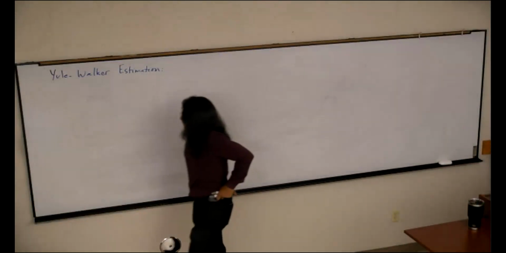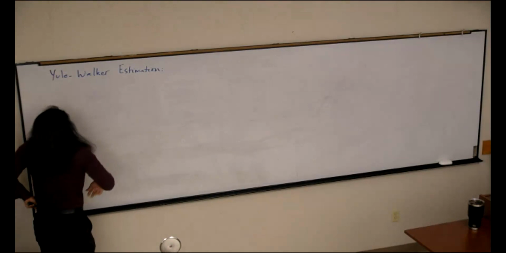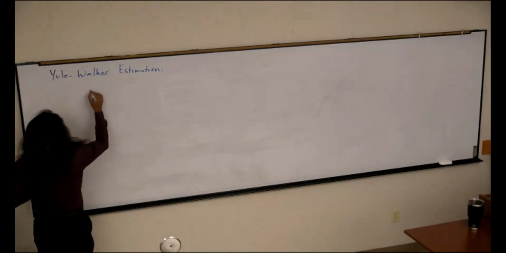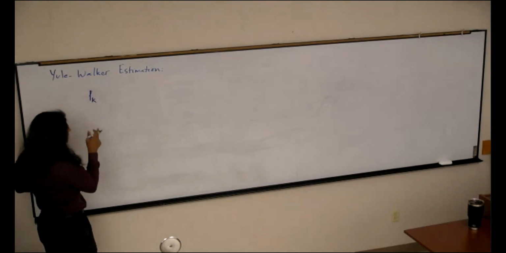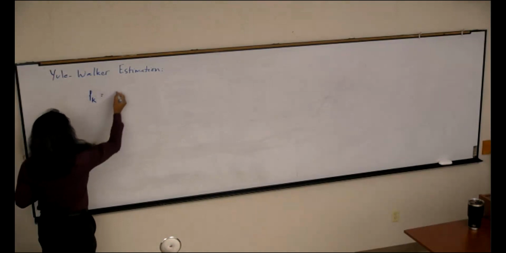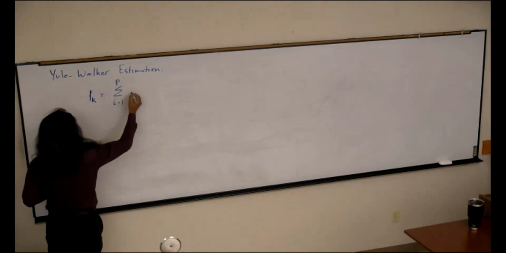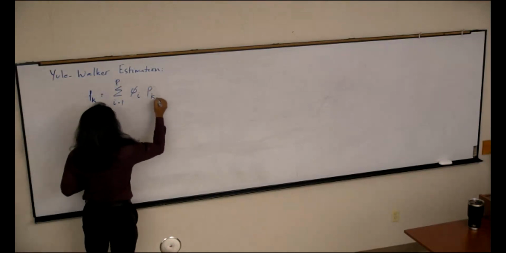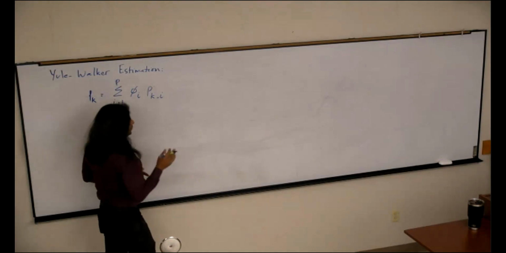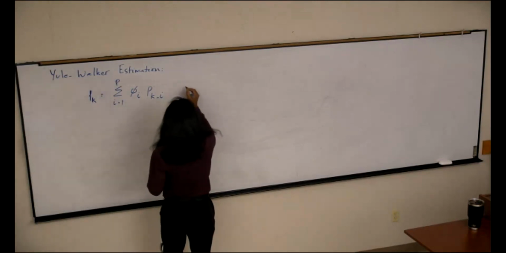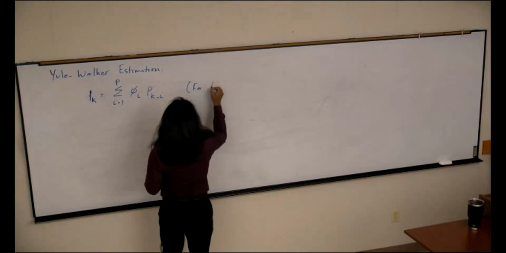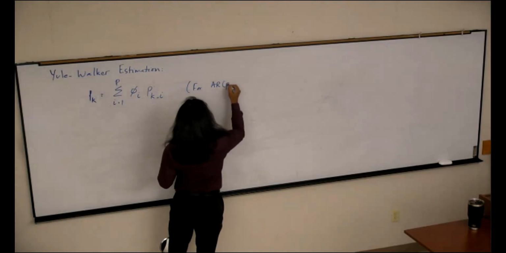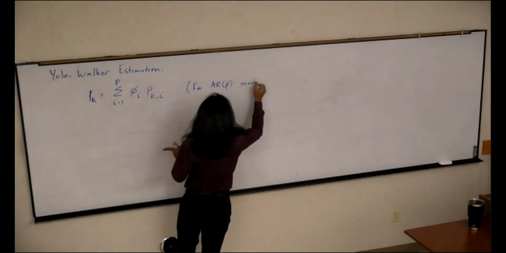Last time, we derived rho k equals the sum from i equals 1 to p of phi i rho k minus i, and this is for an AR(p) model.